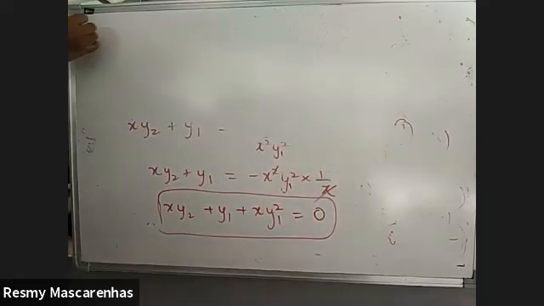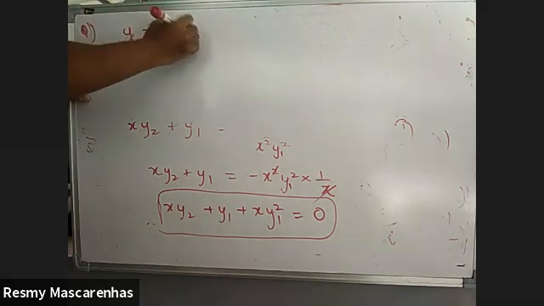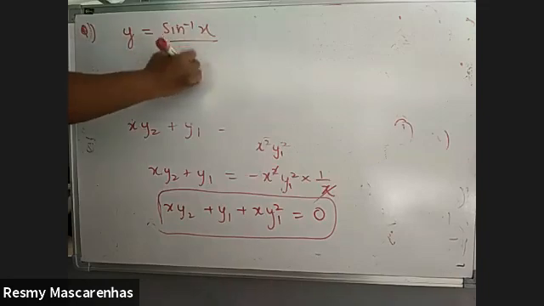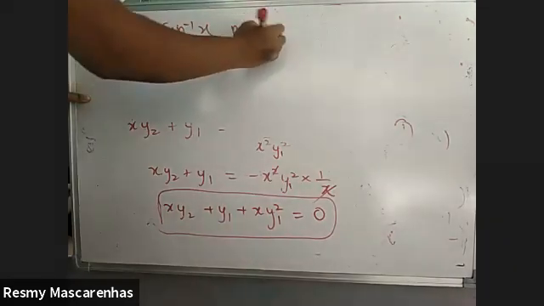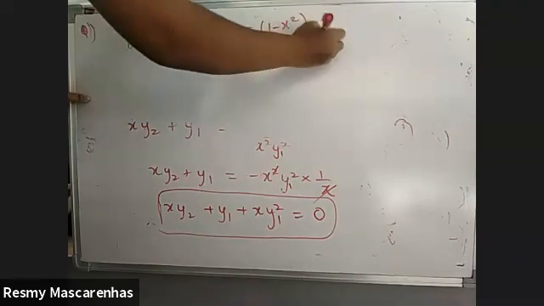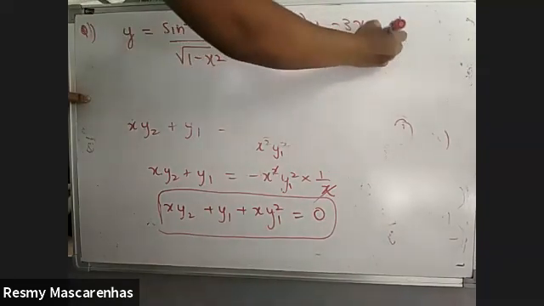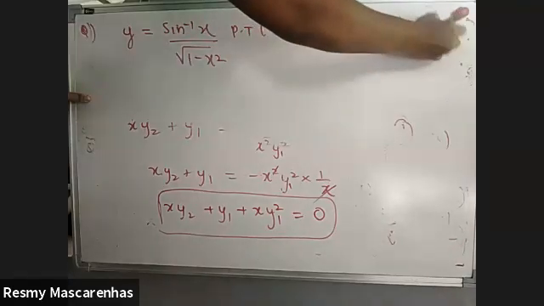Next question. y is equal to sine inverse of x upon root of 1 minus x square. Prove that 1 minus x square y2 minus 3xy1 minus y is equal to 0.